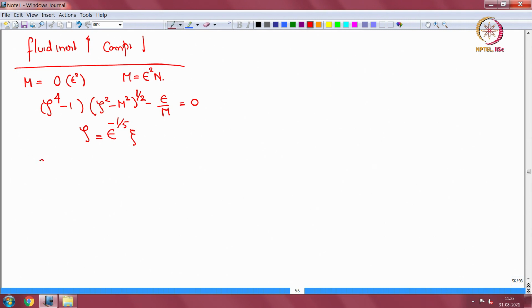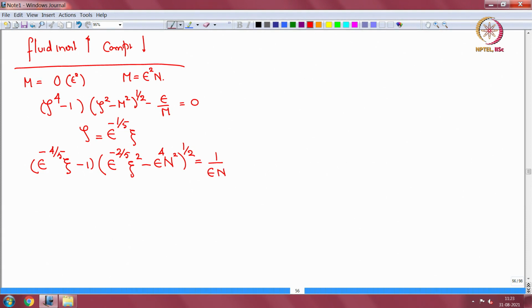I get epsilon to the power minus 4/5 xi to the 4th minus 1, then I have epsilon to the power minus 2/5 xi square, minus epsilon to the power 4th n square to the power half, is equal to 1 by epsilon n.